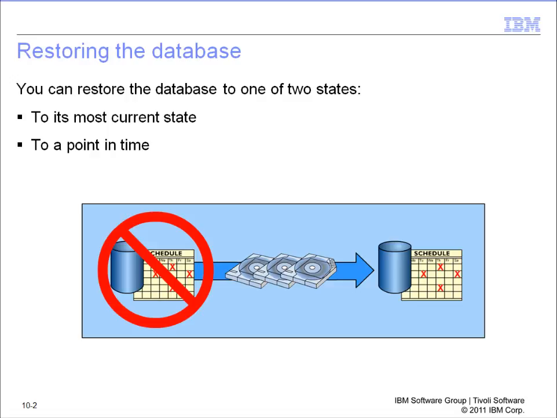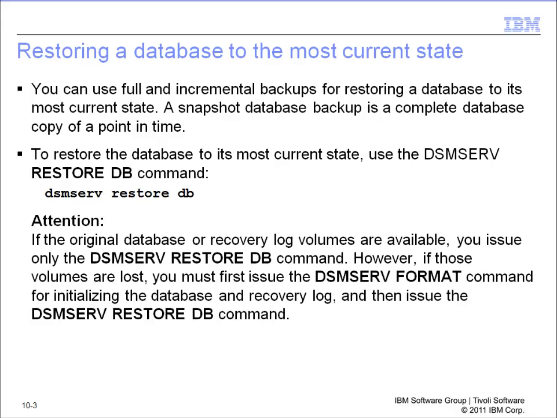You can restore your database to either its most current state or to a point in time. To restore to the most current state, you're going to use the dsmserv restoredb command. You'll be issuing this command from your server directory at your operating system prompt or command line.